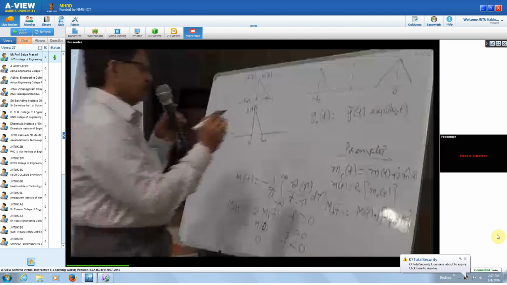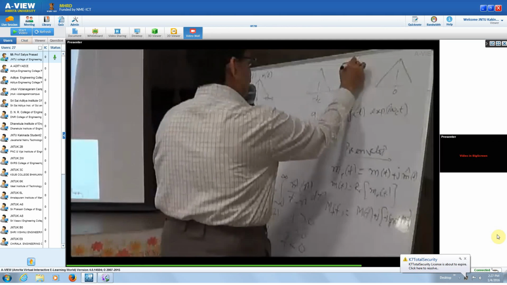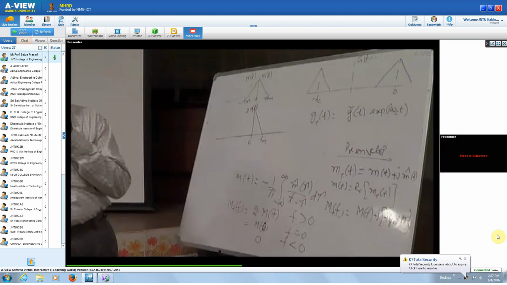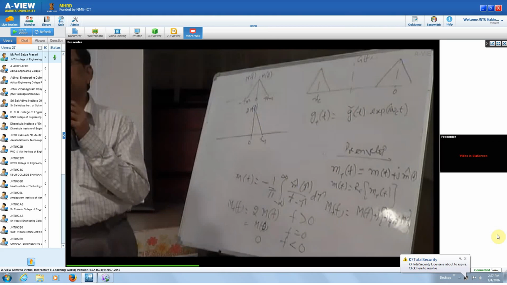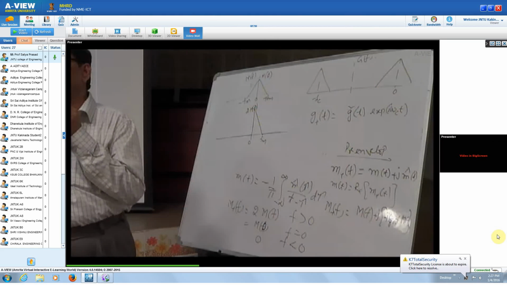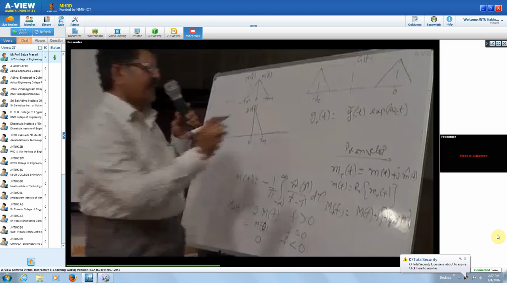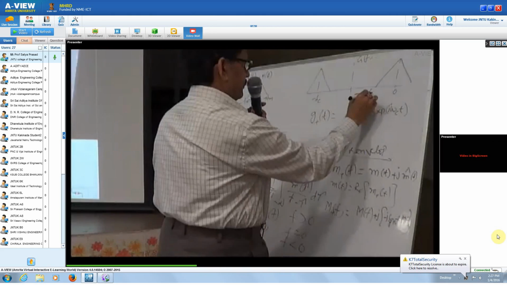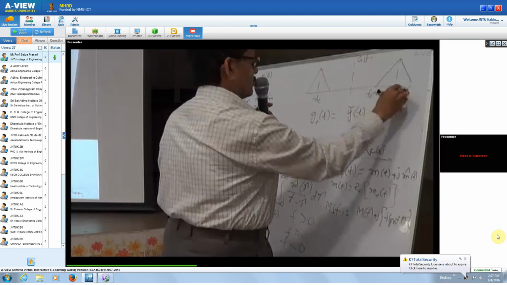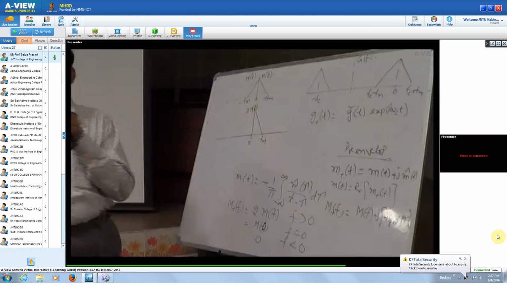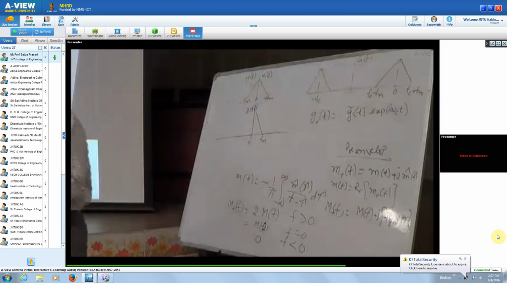So this is our G of f for the signal G of t, having frequency components Fc minus Fm to Fc plus Fm.